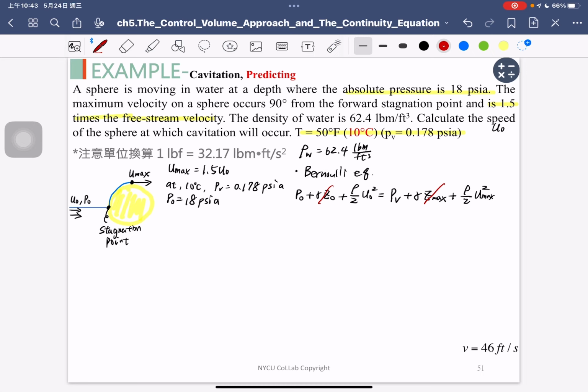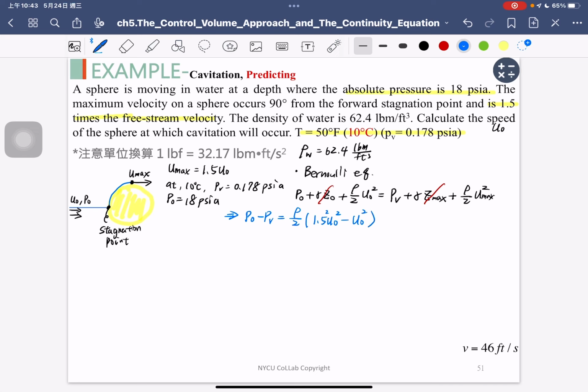Okay, so finally we rewrite the relationship: P0 minus PV equals rho over 2 times, since we know that U maxima is equal to 1.5 times U0, the square of U maxima minus U0 squared.